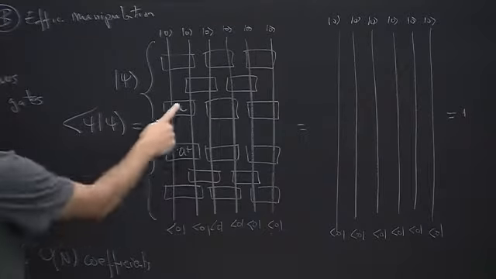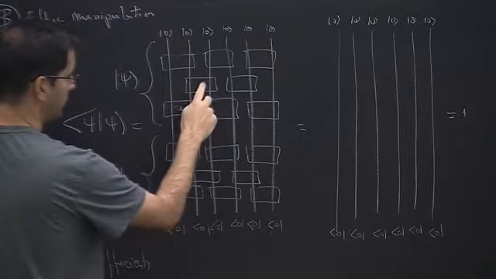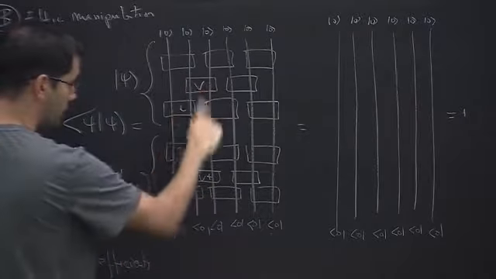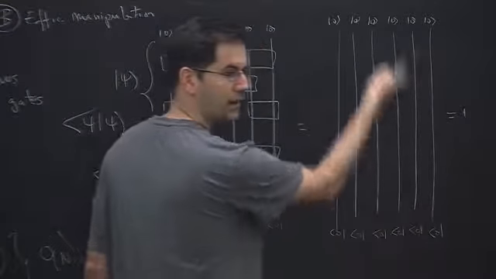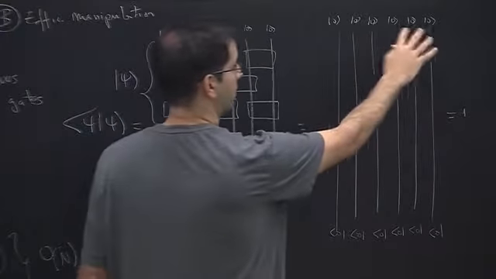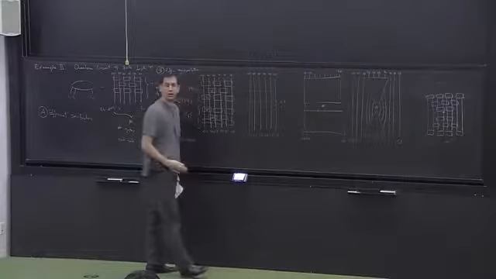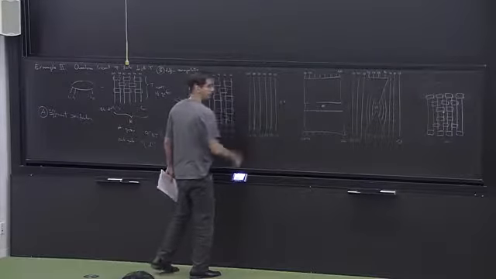So this cancels with this, and with this, and then there is nothing between this one and this one, but this is some V, and this is V dagger, and there is nothing in between, so they cancel, and so on. Everything cancels, and we're left with this. So we start with the scalar product of a product state with a product state, which we know how to efficiently evaluate. And in this case, if this were normalized, it's already 1.